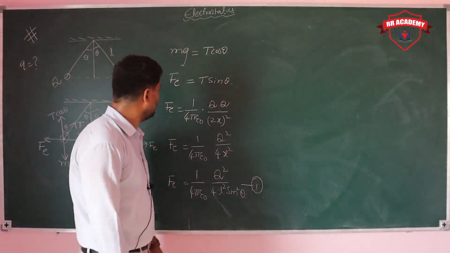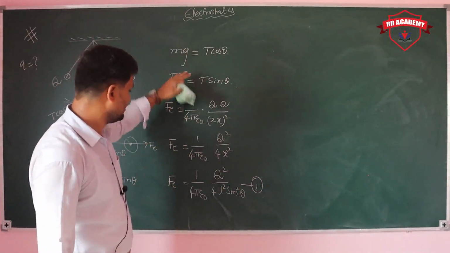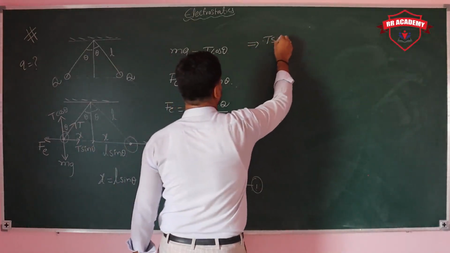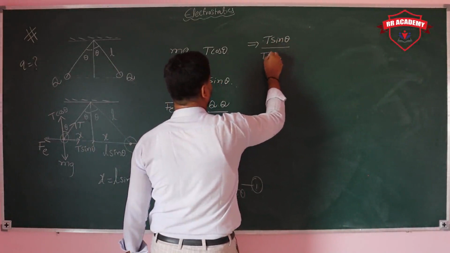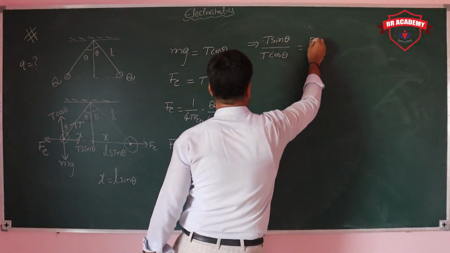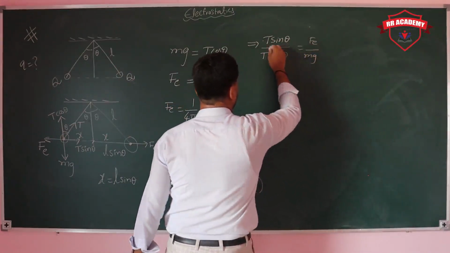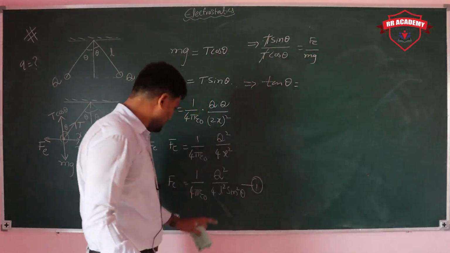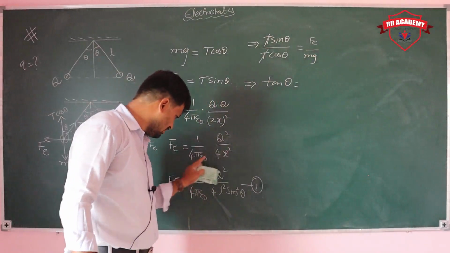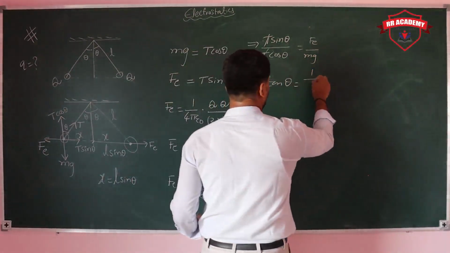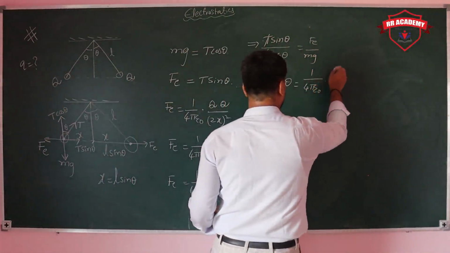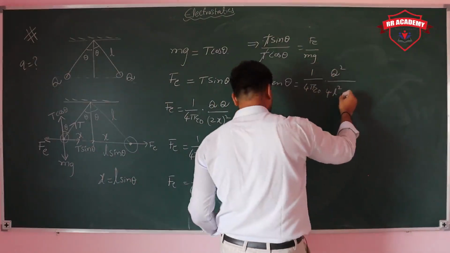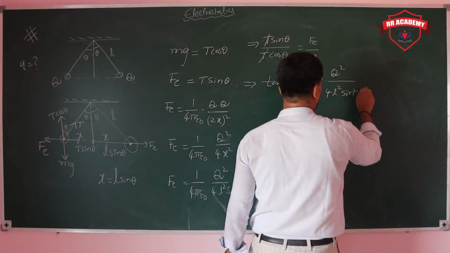Now take the ratio of T sin theta upon T cos theta, which is equal to Fe upon mg. T cancels, so tan theta is equal to Fe upon mg. Substitute the full value: 1 upon 4 pi epsilon naught, Q square by 4L square sin square theta, upon mg.